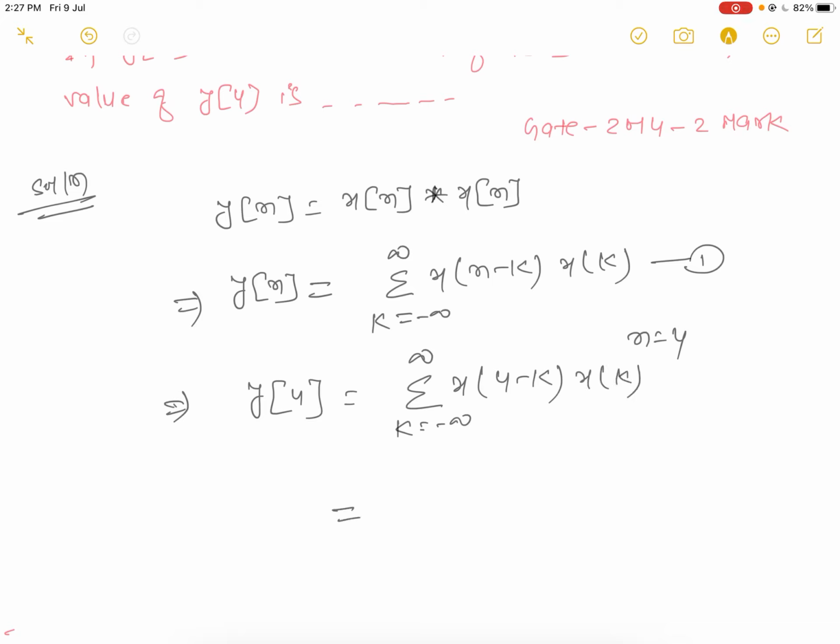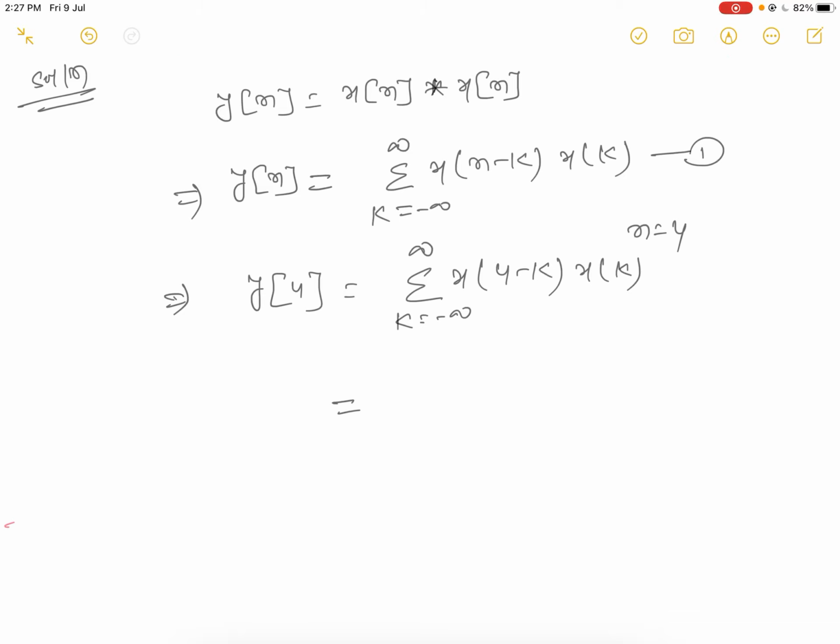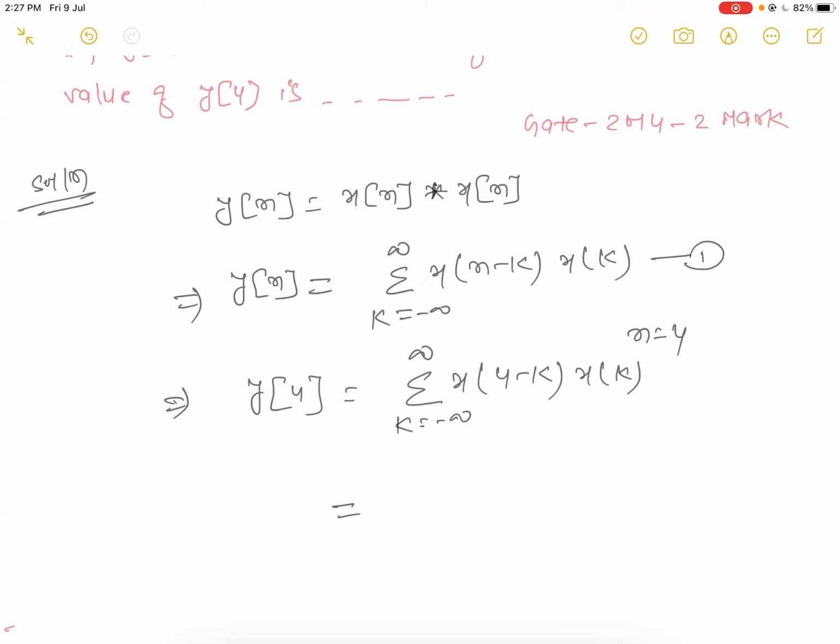Now use the summation and multiplication, and put the value of k from 0 to 4.